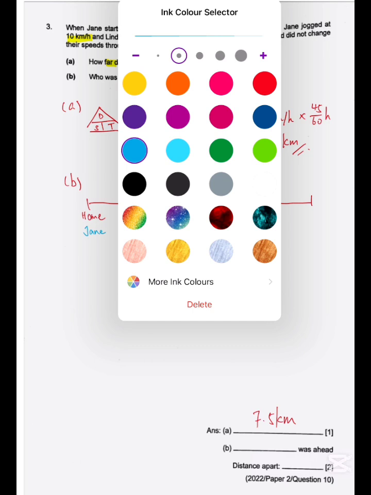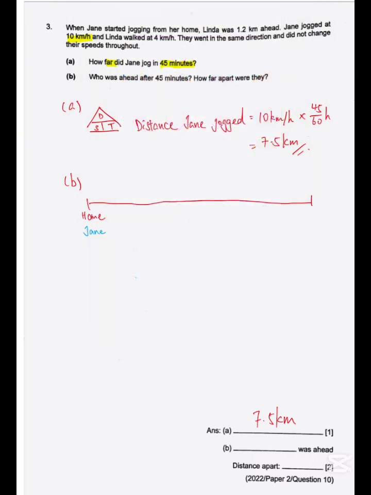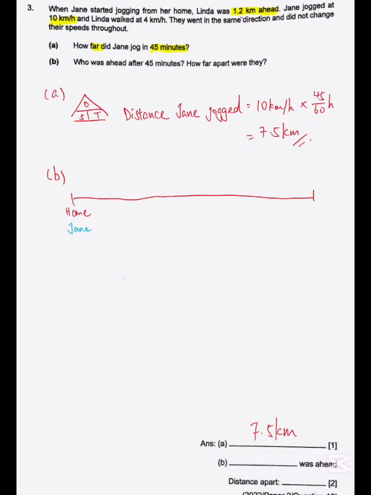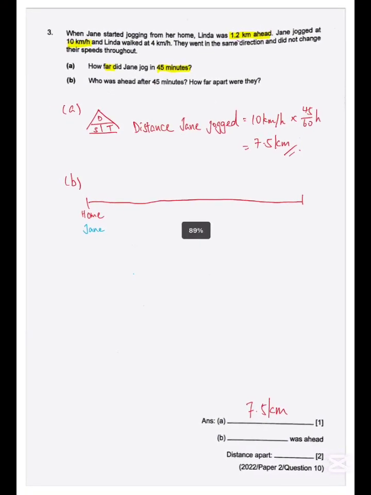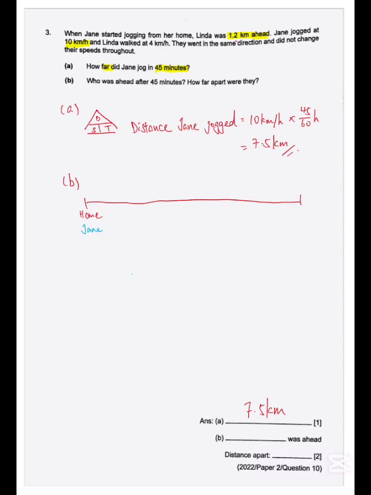Then for Linda, she was 1.2 kilometers ahead, over here. So Linda would be maybe around here. The distance between Jane and Linda at the start is 1.2 kilometers.